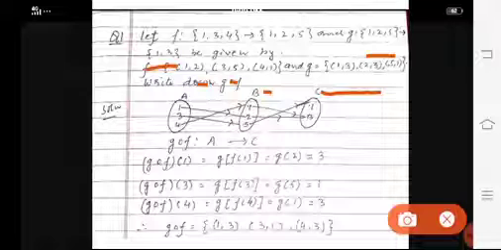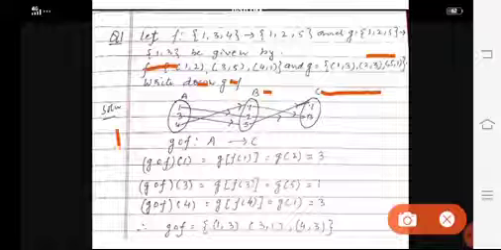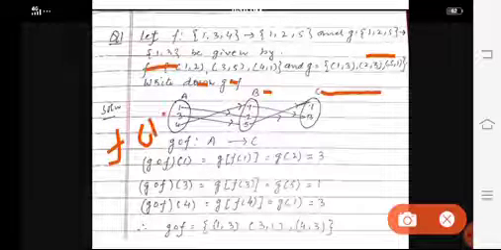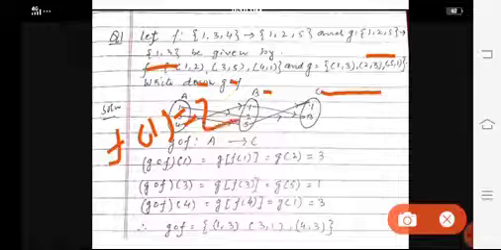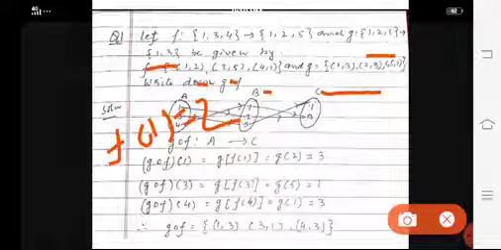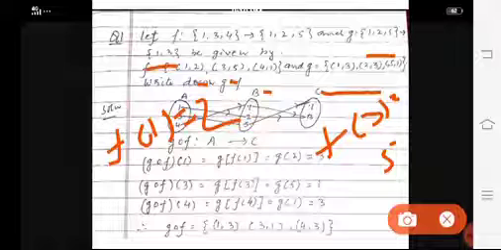See, F has the ordered pair (1, 2). It means F(1) is equal to 2. (3, 5) existing in F means F(3) equals 5. Okay, so don't get confused.